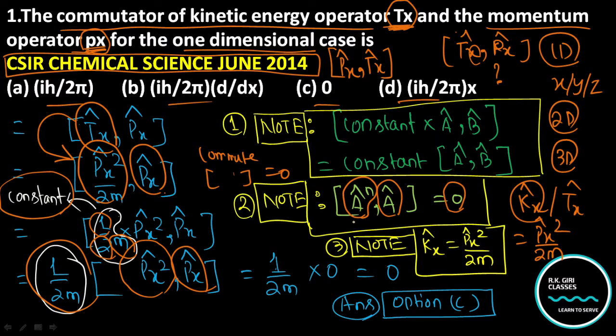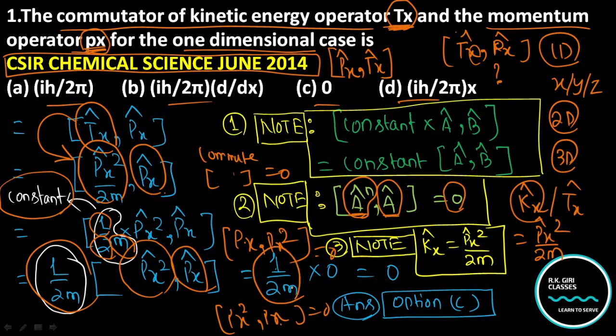As I told you, if the 2 operators are the same, or one is an operator and the other is its power, they always commute. That means Px commutes with Px square, or Px square commutes with Px. So here the result is 1 by 2m into 0, which is equal to 0. That is option C. Now coming to the rule, why this is happening.